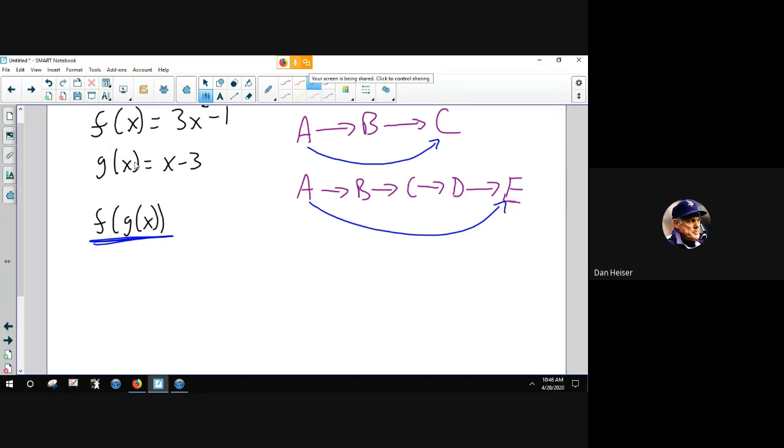If x is inside the parentheses, g of x is equal to x minus 3. That's exactly what this says. So I already know what I'm going to plug into f. I'm going to plug g of x into f. And g of x is x minus 3.